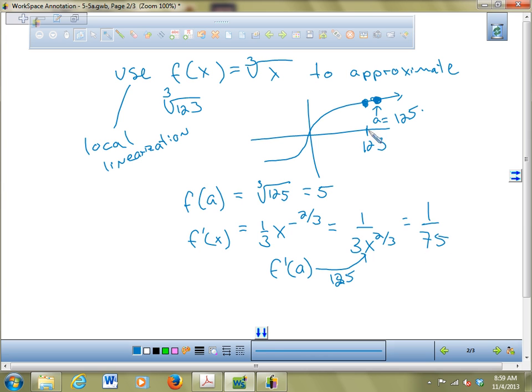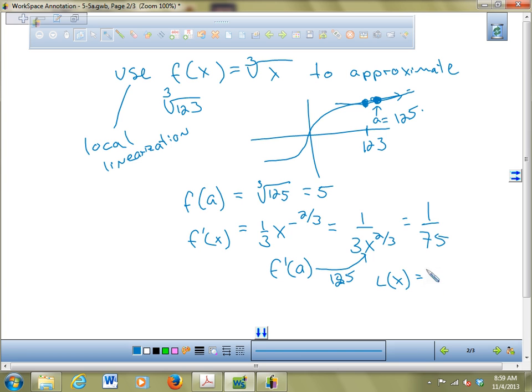So I get 1/75. What that's saying is at 125, the slope of my tangent line is 1/75, and the y value is 5. So I'm going to use the function L of x. I'm going kind of quick because I want to get through it.